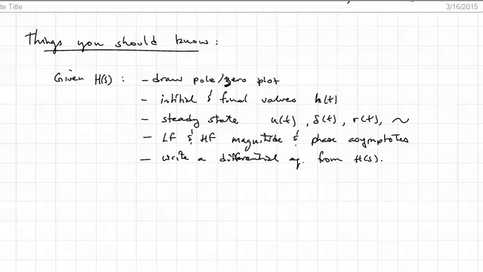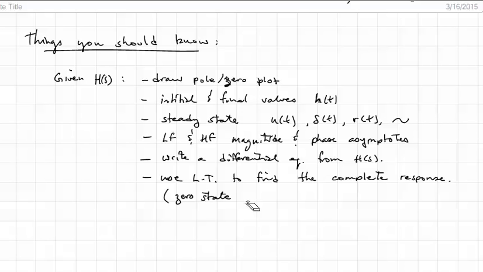And then you should be able to use the Laplace transform to find the complete response. Now in this case, if you're given a transfer function, it's actually going to be the zero state response.